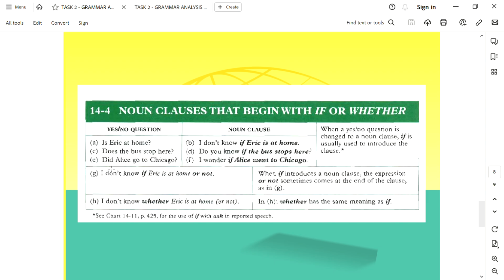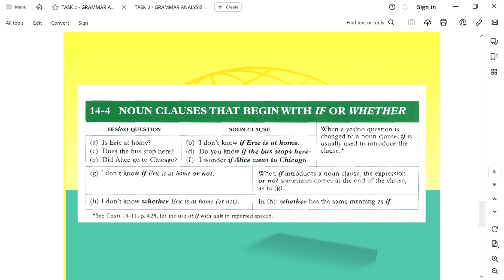Did Alice go to Chicago? I wonder if Alice went to Chicago. There is a note here. When a yes/no question is changed to a noun clause, if is usually used to introduce the clause. I don't know if Eric is at home or not.